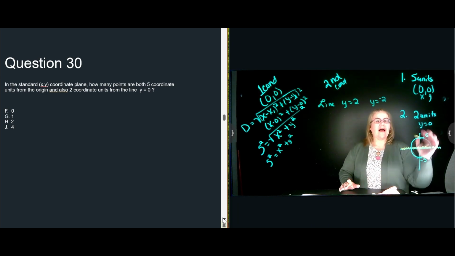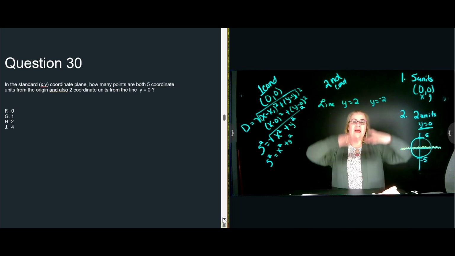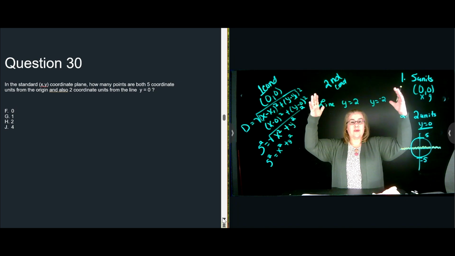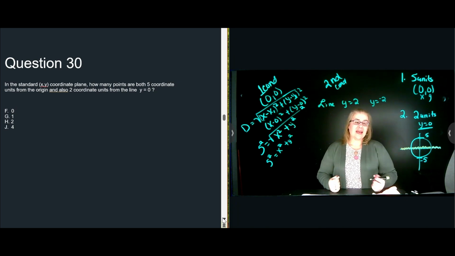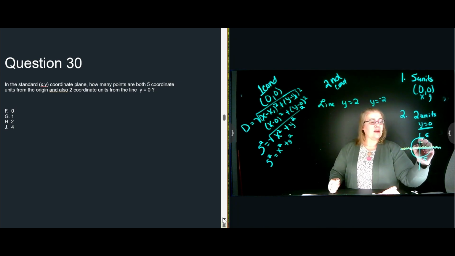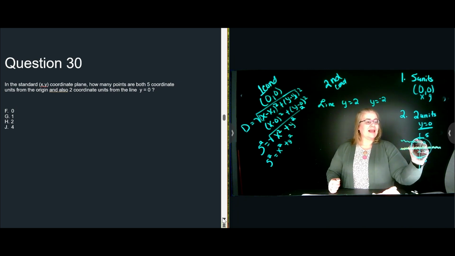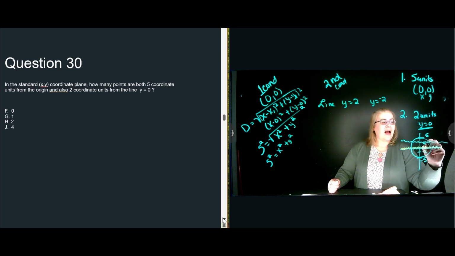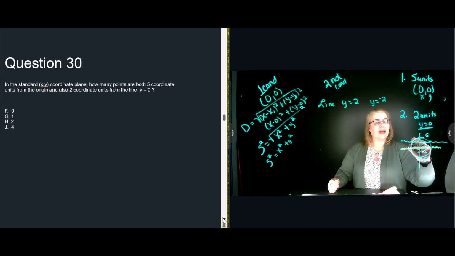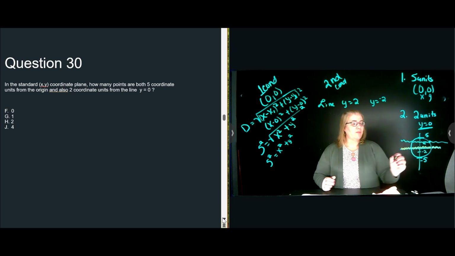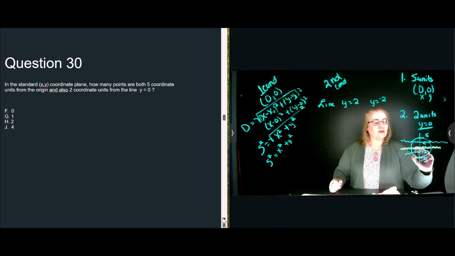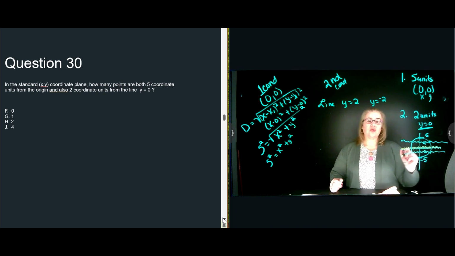Well, when you have 2 units away from this line, you're going to have going up on your graph, which is positive, and going down on your graph, which is negative. So I've got to look at where y is a positive 2 and y is a negative 2. When I have the line at positive 2, I'm intersecting the circle once and twice. And then when I have the line at negative 2, I'm hitting that circle once and twice.